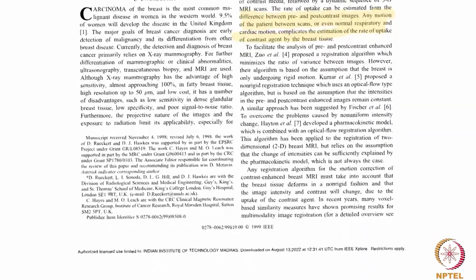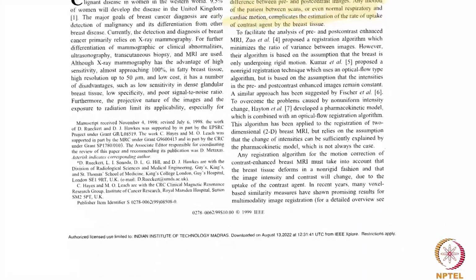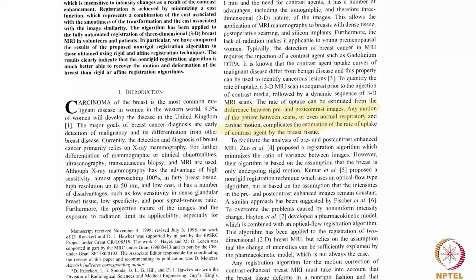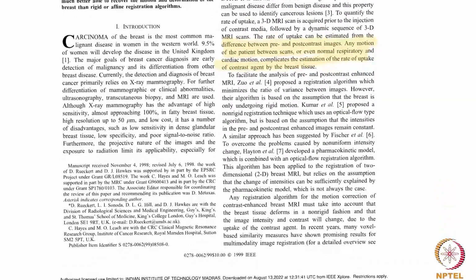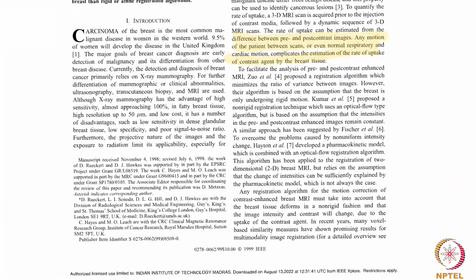So here, this paper from this group talks about how we can use a certain form of regularization, that is smoothing using B-splines, in order to reliably estimate freeform deformations.